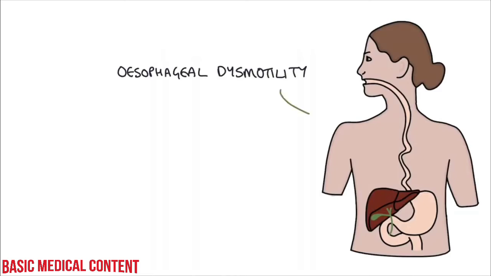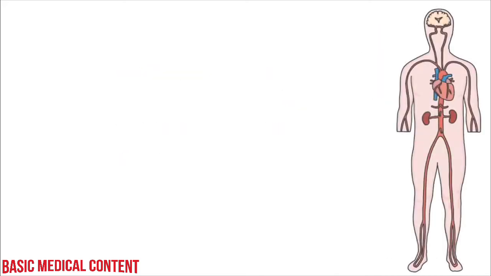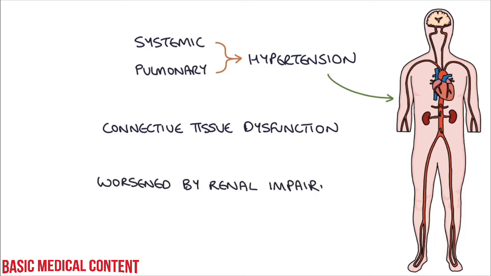Esophageal dysmotility is caused by connective tissue dysfunction in the esophagus, and this is commonly associated with swallowing difficulties, acid reflux, and esophagitis. Systemic and pulmonary hypertension is caused by connective tissue dysfunction in the systemic and the pulmonary arterial systems, and systemic hypertension can be worsened by the renal impairment.